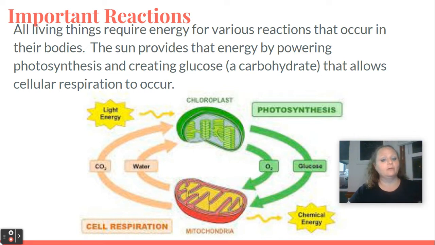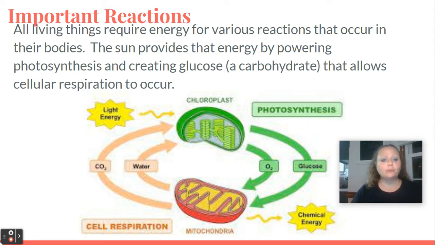So after that glucose and oxygen is produced, it can be used by the mitochondria to create energy in the form of ATP, and then it releases as waste products carbon dioxide and water. These two reactions are tied to one another, being those opposite reactions.